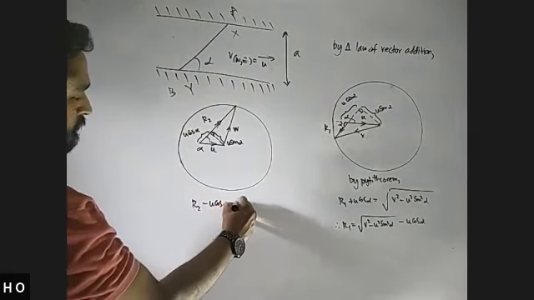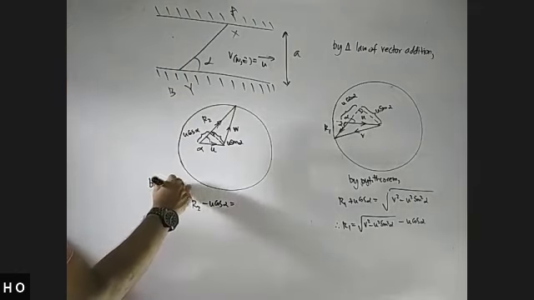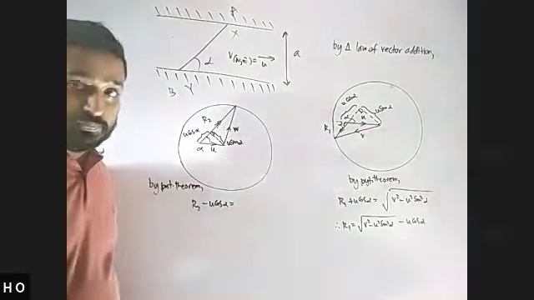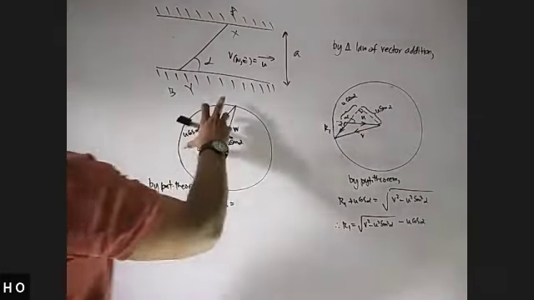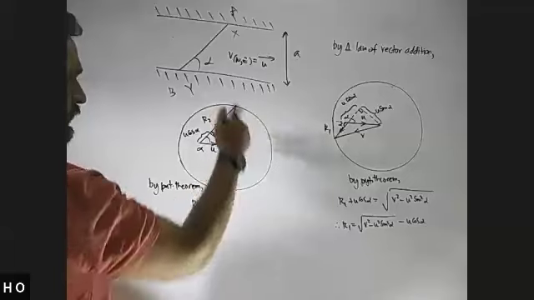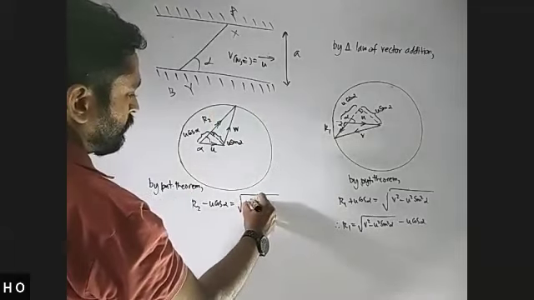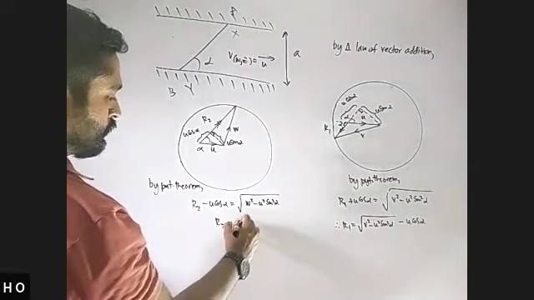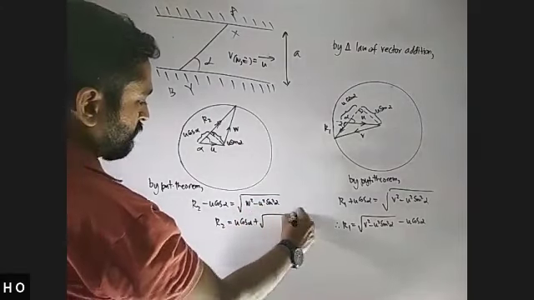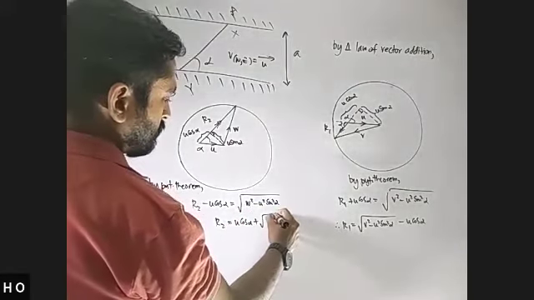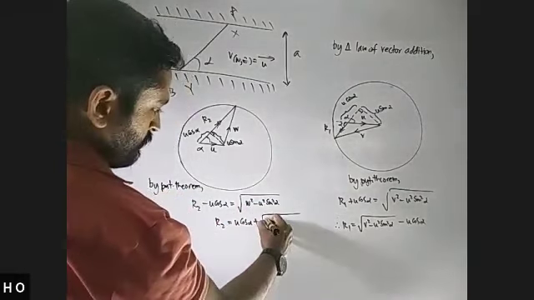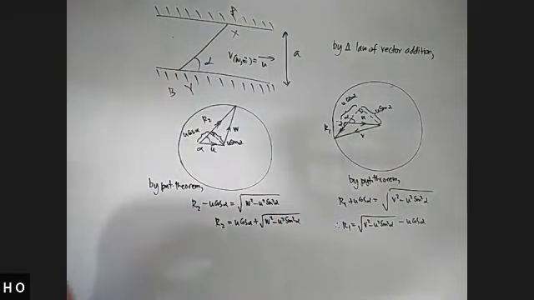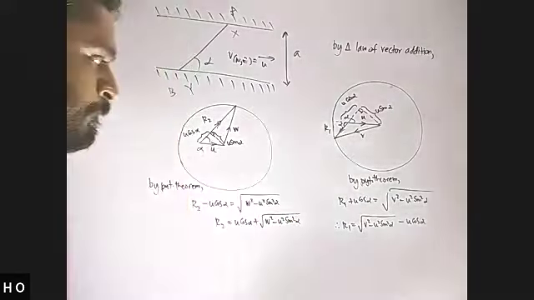R2 minus u cos alpha, by Pythagoras theorem, to this triangle, is the square root of w square minus u square sine square alpha. Then R2 is u cos alpha plus the square root of w square minus u square sine square alpha. That is R2.